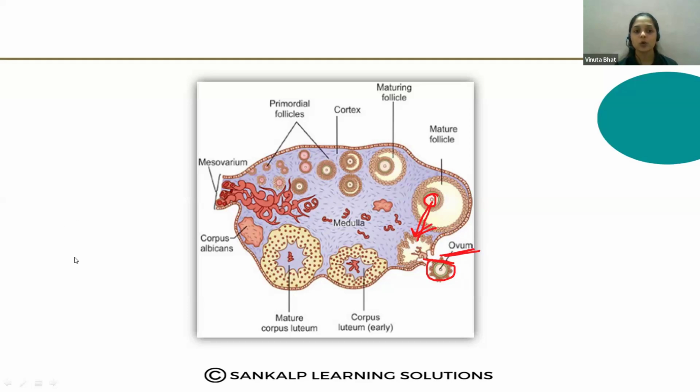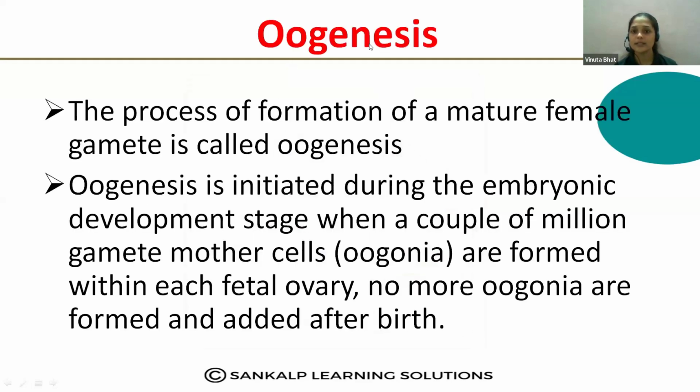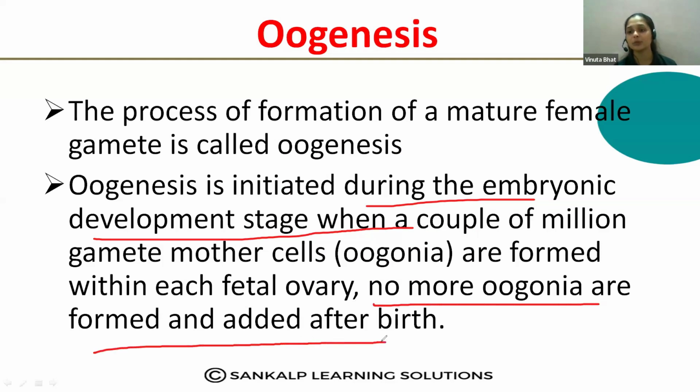Okay, so in oogenesis, you know that oogonial cells are already present. When are oogonial cells produced? During embryonic development, oogenesis starts and the oogonial cells begin to form. No more oogonia are formed and added after birth.